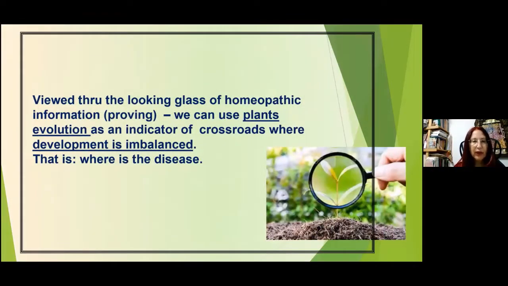So when we look at plants through the looking glass of homeopathic information, that is, of homeopathic provings, we can use plant evolution as an indicator of a crossroad where development is imbalanced. Again, where is the disease?